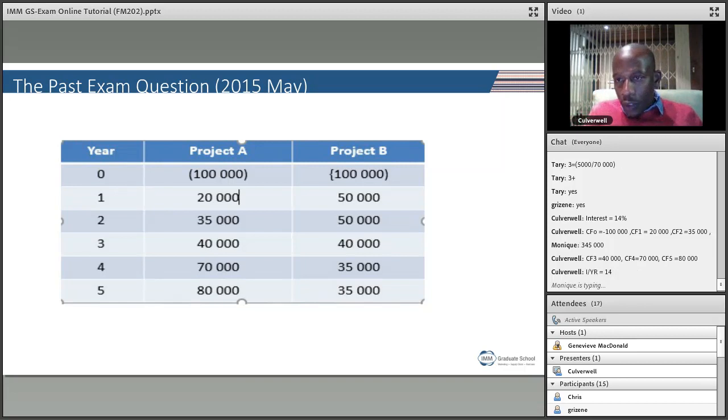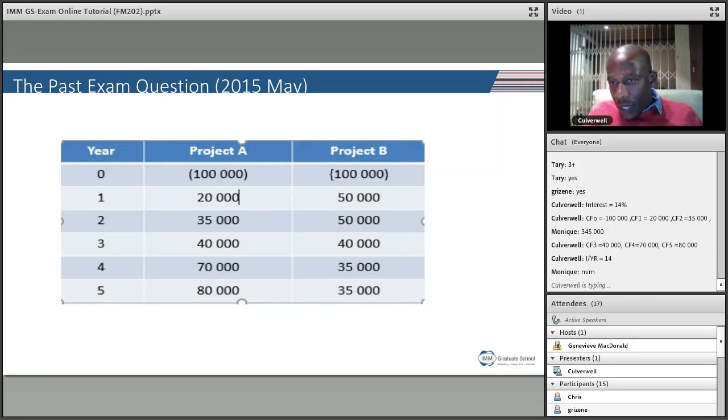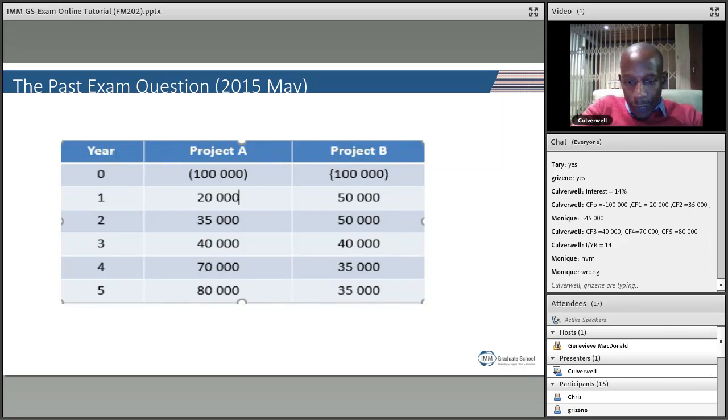That's how you'd input your figures. I'll quickly calculate and then confirm. And of course, I said your I is equal to 14. We're looking for NPV.